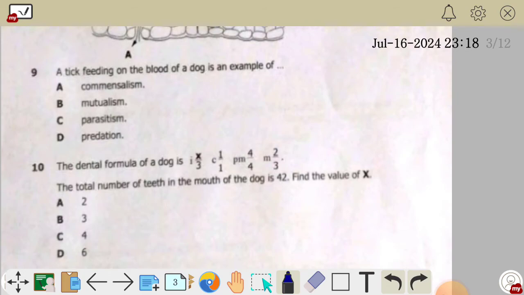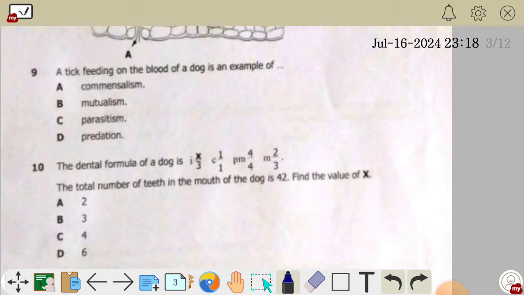So the correct answer here is parasitism. We have this tick feeding on the blood of the dog. So the dog here is not benefiting, and since the tick is feeding on the blood of the dog, the dog is also harmed.